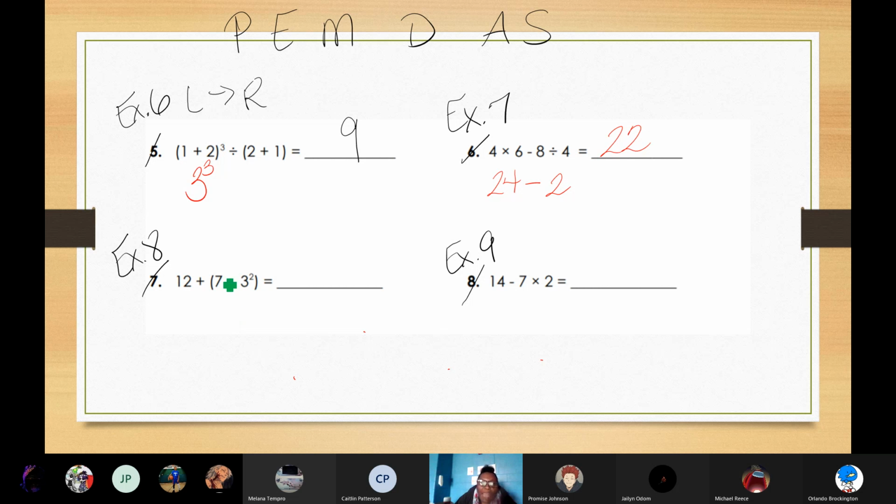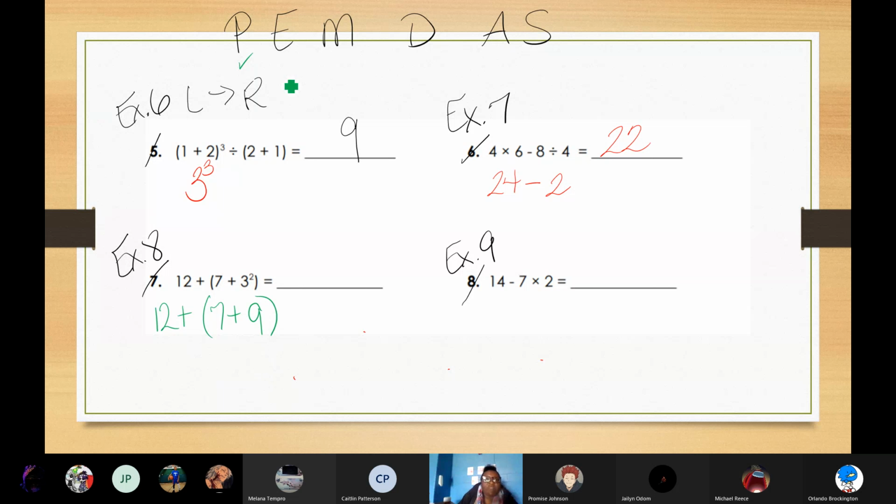So, before I can add 7 to 3, I've got to work with these exponents. So 3 squared, or 3 to the second power, would equal what? It is not 6. 9. So I'm going to rewrite this. 12 plus, we haven't touched that, 12 plus 7 plus 9.